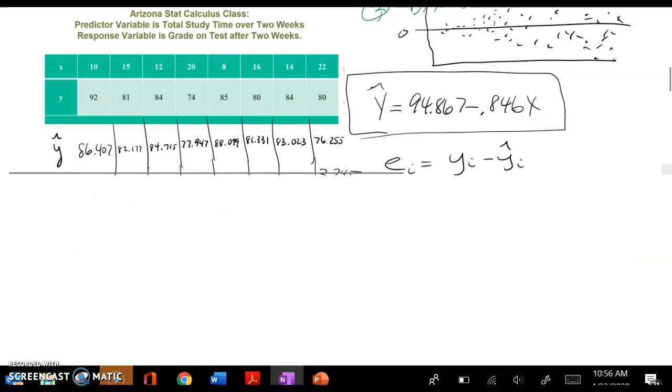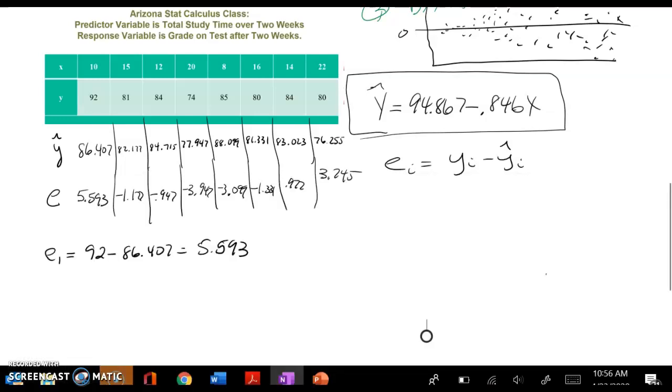So to make our residual plot, what we're going to do is the x-axis is going to be our x values. So our x values need to go, looks to be 8 to 22.